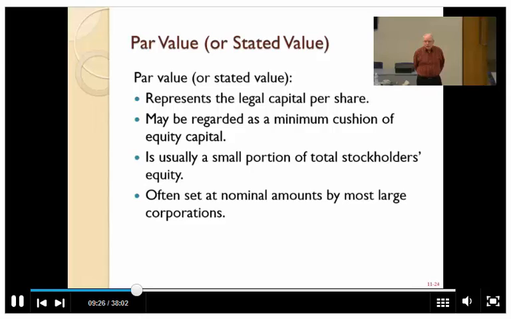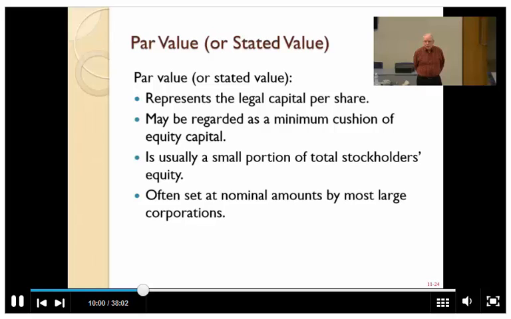At the time of the Industrial Revolution, when corporations began to be created in the United States, information traveled very slowly. And what the state governments wanted to do was to ensure that if someone created a corporation, the owners put in some minimum amount of capital and left it there. And this was done to protect the creditors.